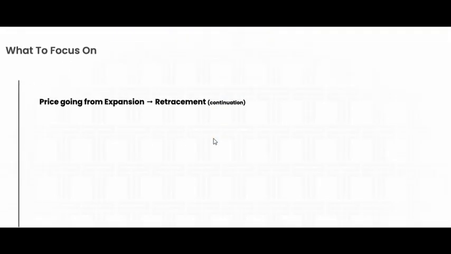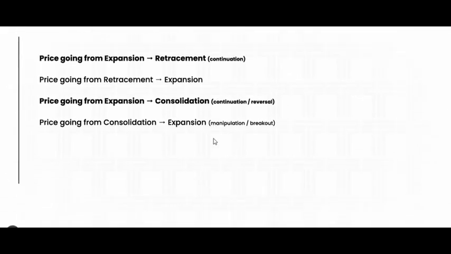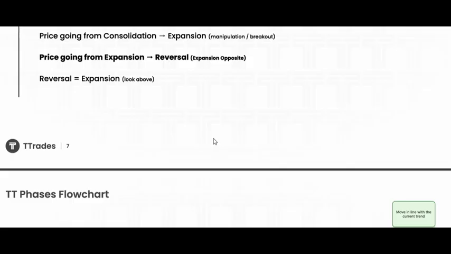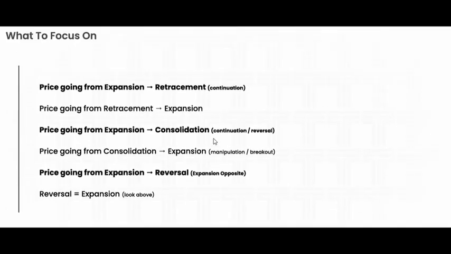So what you need to focus on is that when price is going from expansion to retracement, it is a continuation pattern. Do you get it? When price is expanding and then it retraces, it means that there is going to be another expansion, right?